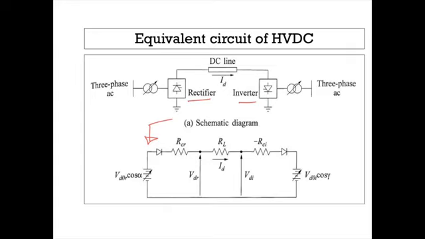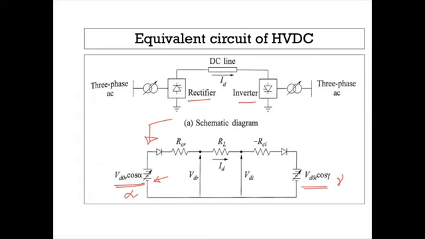This electrical equivalent circuit consists of a DC supply, which is obtained from the rectifier, and another DC supply representing the inverter. Both these DC supplies are variable because we can vary the firing angle alpha or extinction angle gamma.